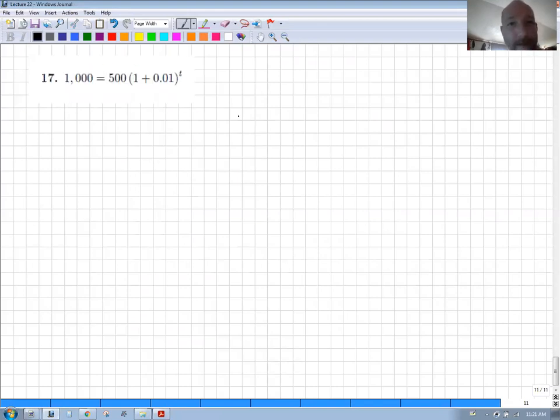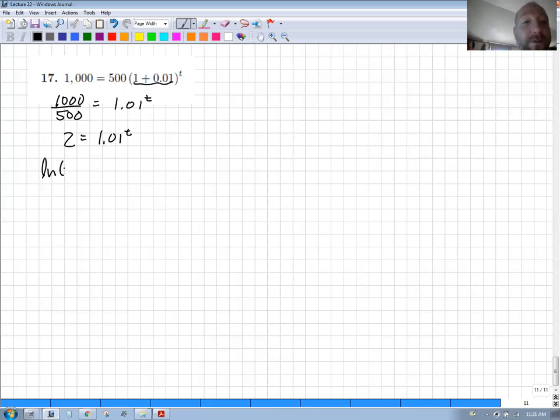All right, this one, if we divide both sides by 500, we'll add these two numbers together. This is 1.01 to the t power. Okay. So 1000 divided by 500 is just 2, right? So now, because the t's in the exponent, you can do log base 10.